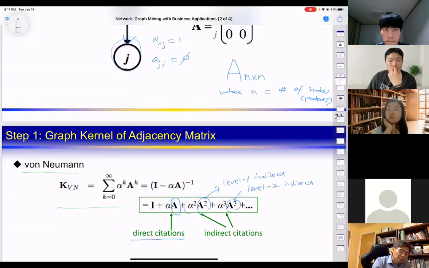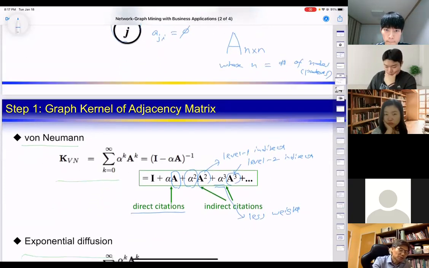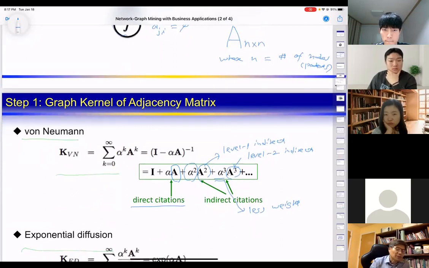So as you can see, alpha is smaller than 1. Less weight here, okay? Of course, we have to optimize those alphas eventually, okay? So in this way, this graph kernel systematically considers indirect citations, different levels, to measure the importance of each node.